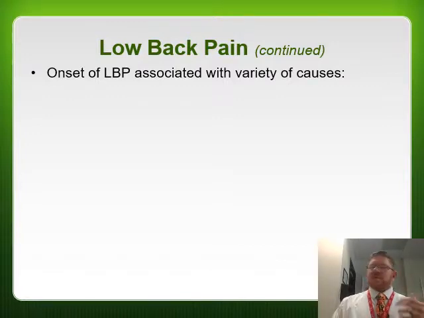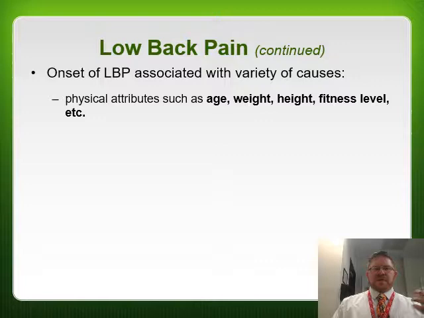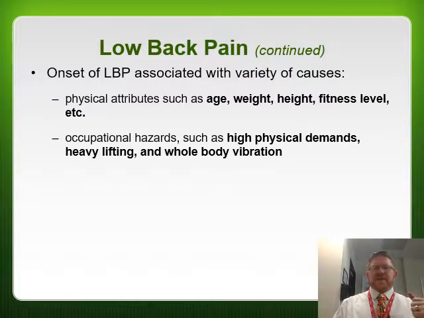The onset of it is associated with a number of different things. I mentioned one being technology and sitting down a lot, but other physical attributes like age, which we mentioned, weight, how heavy you are, your height, fitness level, so how fit you are. These are all things that can impact the likelihood of low back pain.